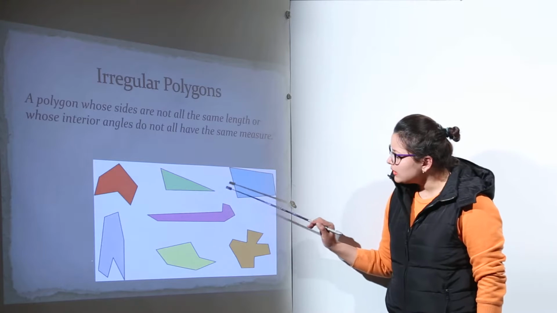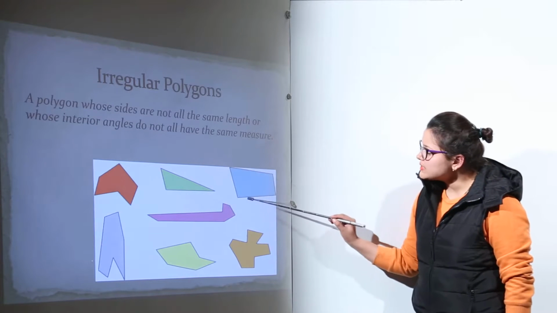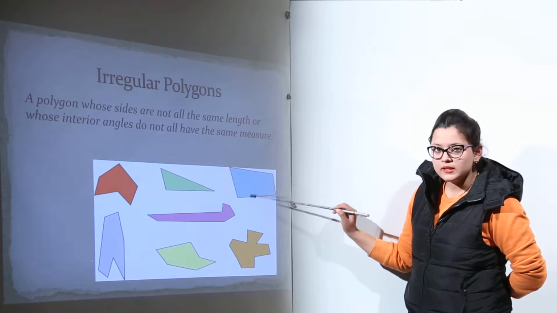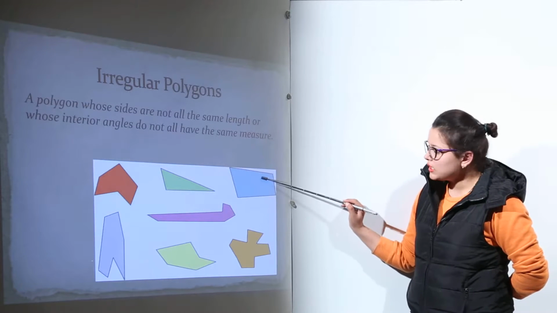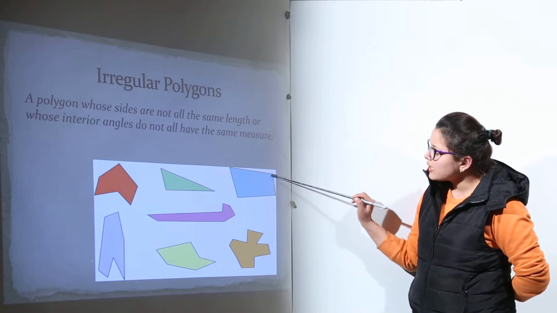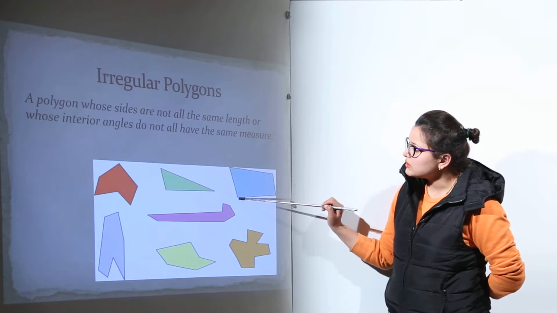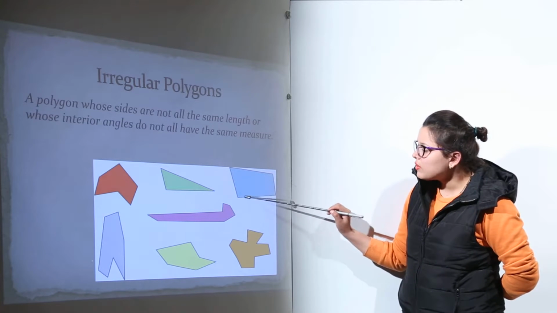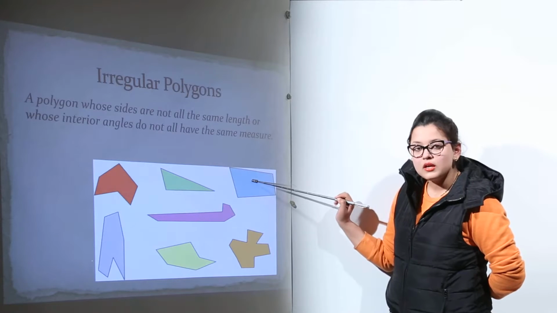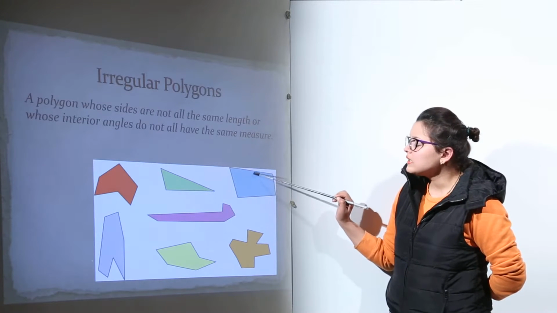Now, let us check for any other one. Let us check for this one. This is having four sides, right? If it is a four-sided polygon and we can clearly see that its sides are not equal to each other, we are not bothered about the angles. Even if the angles are equal for this quadrilateral, we cannot say that this is a regular polygon.